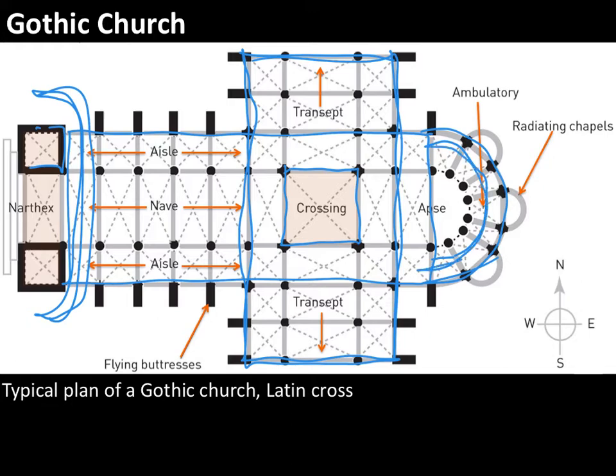It's this area here that I'm scribbling on so that I can walk around actually behind the apse. And then sometimes we even have chapels radiating off of the ambulatory. Ambulatory literally means a walking place. So in ground plan view, the Gothic church is very similar to the Romanesque church, isn't it?